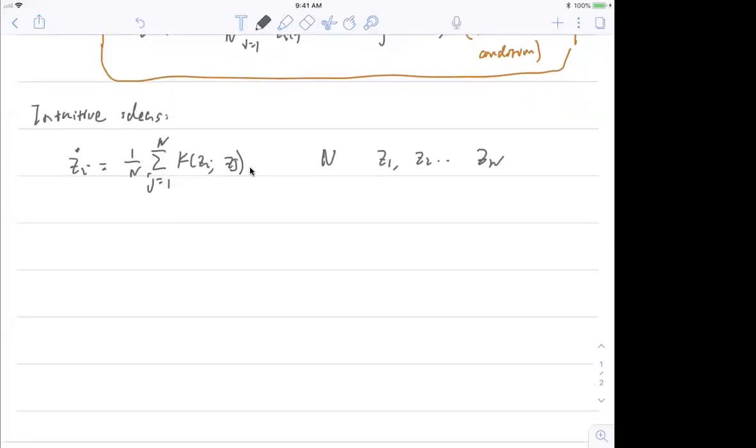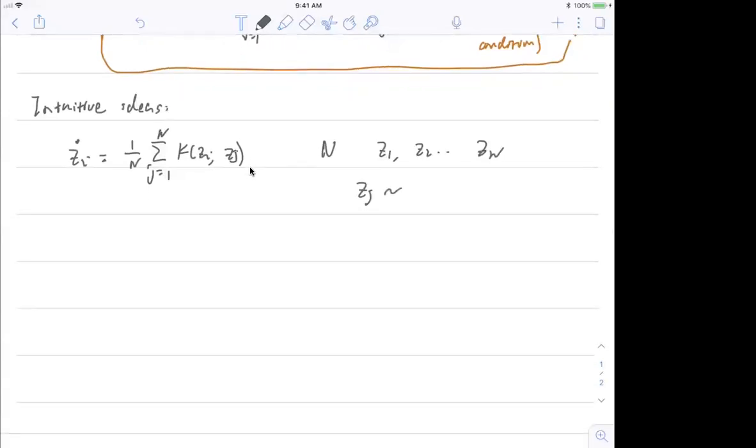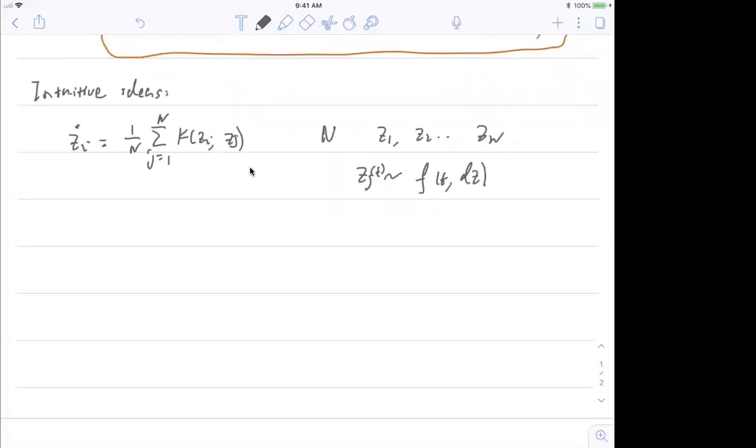Each particle zj is a random variable. Let's assume this random variable at time t satisfies a law, a probability density function. So what is this quantity? Let's fix zi. Then this is just a sum of n quantities.